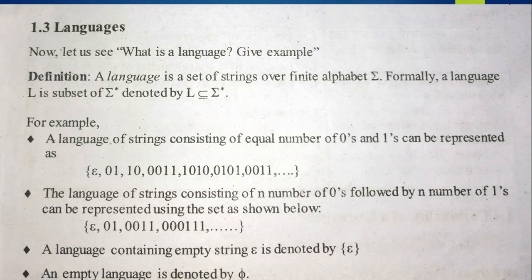Now, let us see what a language is. A language is a set of strings over a finite alphabet sigma. Remember this: finite alphabet. There should be a finite number of symbols specified in your sigma, like a comma b, or 0 comma 1, or a comma b comma c, or 1 comma 2 comma 3, or open bracket close bracket.